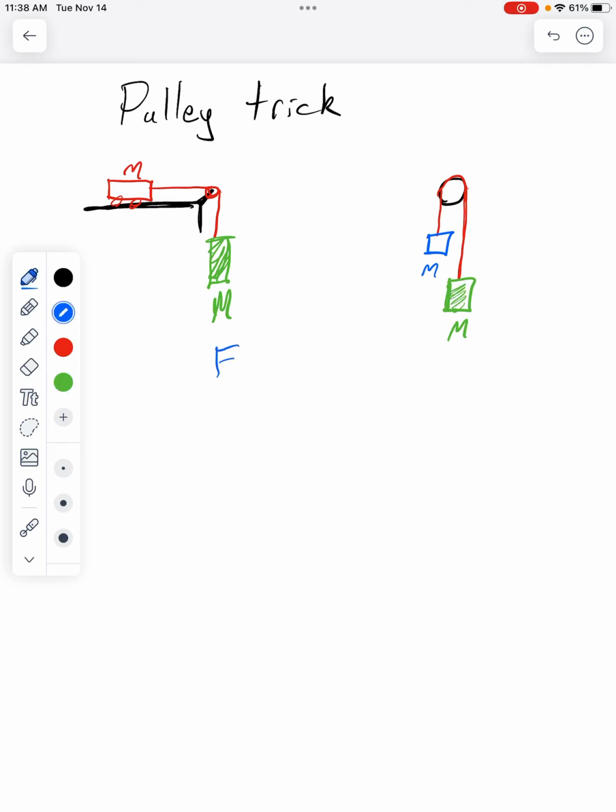In both cases, we wanted to find the magnitude of the acceleration.